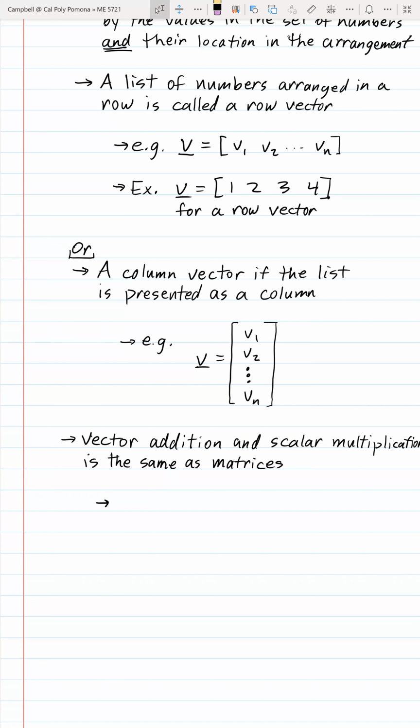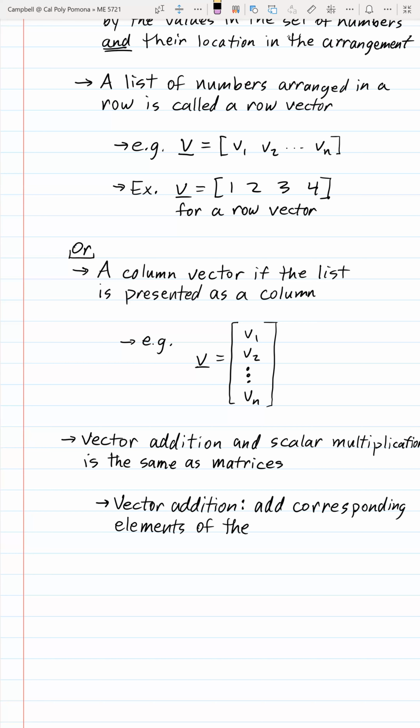So with that, I'll just briefly run through vector addition. And just like we did with matrices, we add corresponding elements of the vectors involved in the addition operation.